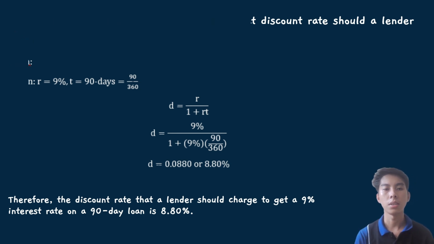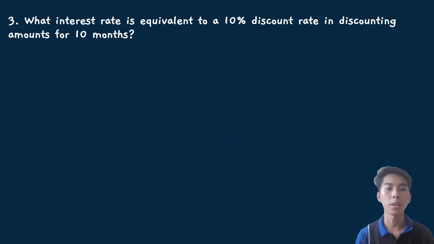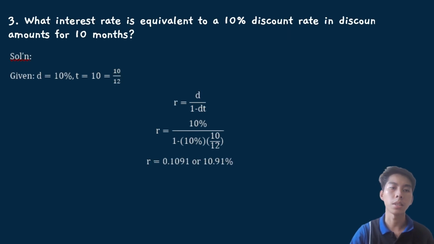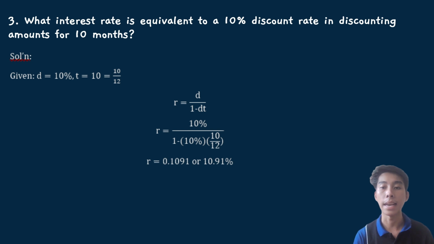And next, for our third problem, we have: what is the interest rate equivalent to a 10% discount rate in discounting amounts for 10 months? Same process, we just identify what is the unknown and what is given. The given here is D is equal to 10% and T is equal to 10, then divided by 12, so T is equal to 10 over 12. And the unknown here is the interest rate, because that is what the question is asking.